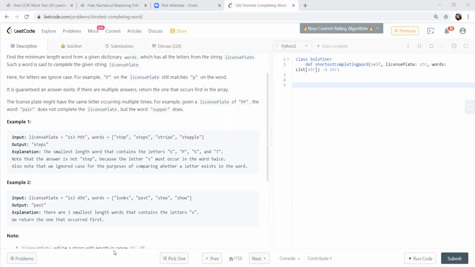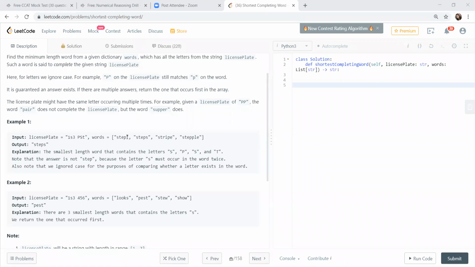If we sort it, then the order may not be right, as in the case of example 2.